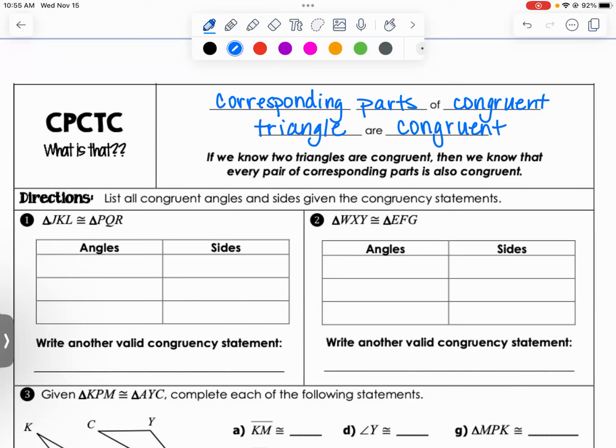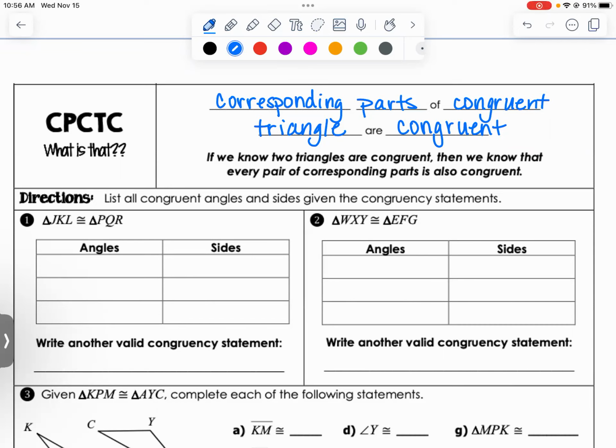Can't two triangles that are the same thing not have corresponding parts? So we're using CPCTC to say that two triangles that have the same parts are congruent, but if we look at the two triangles, can we see based off the marks that are put on them that they're congruent to begin with?